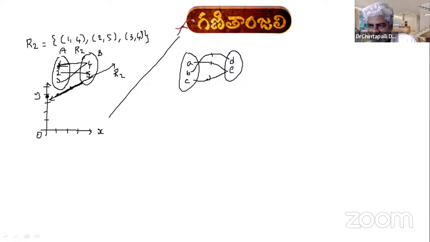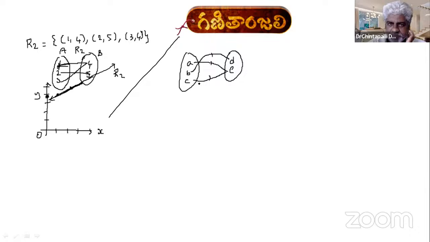It is a function. Don't bother that A and C have same image. It's not the matter. There is no problem for two different elements having same image, right?